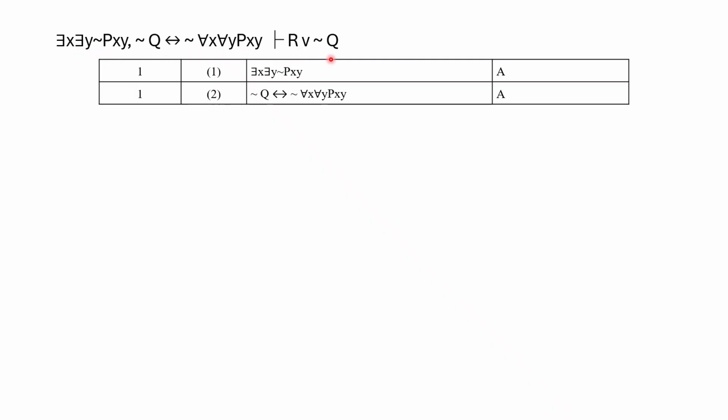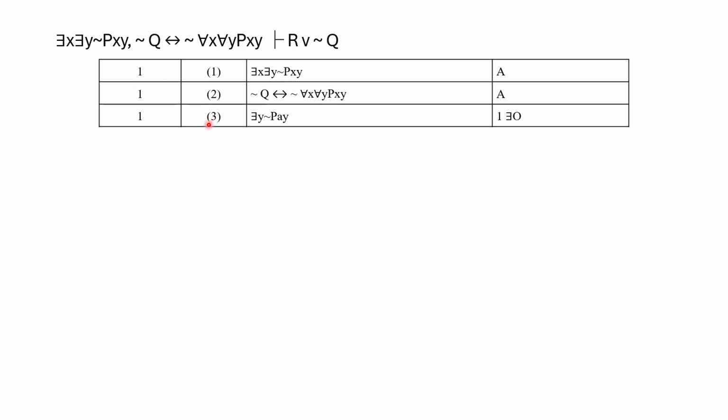So we need to get to tilde q, and it's pretty obvious what we need to do. We need to get the biconditional out, and then we need to get the antecedent, and then we can derive tilde q. But before we get there, we need to somehow get tilde AX, AY, PXY. And we're going to be able to get that from 1, but it's going to take a lot of work.